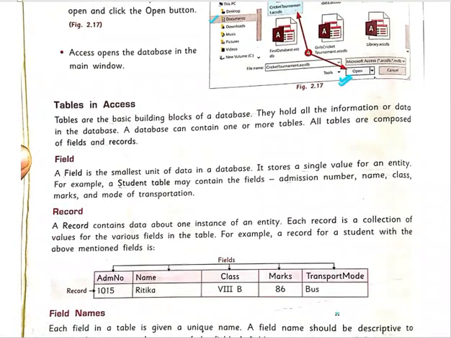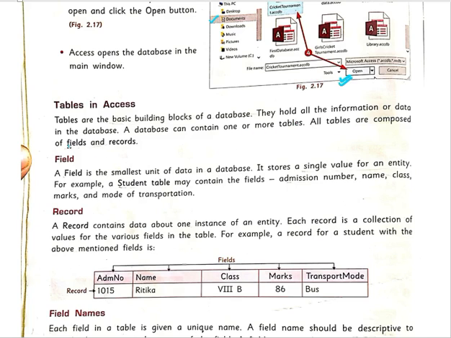Next we have tables in Access 2016. Tables are the basic building blocks of a database. To build a database, we need tables, and only then can we define it well. They hold all the data in a database, and a database can contain one or more tables.